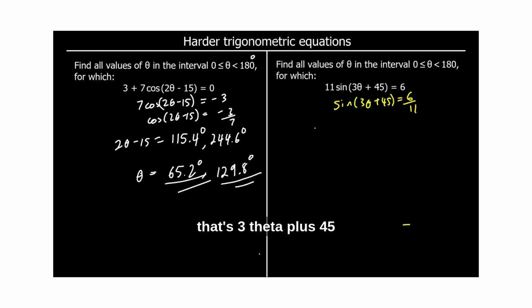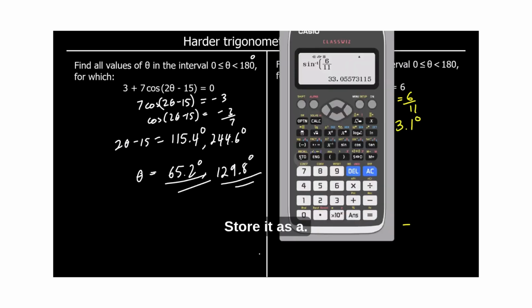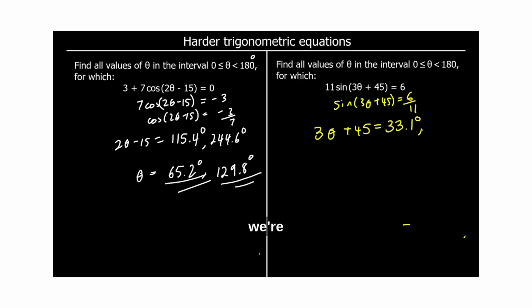So that's 3 theta plus 45 is 33.1 degrees. Store it as A. Assign the second answer, 180 minus the first answer, and save it as B. So 146.9.